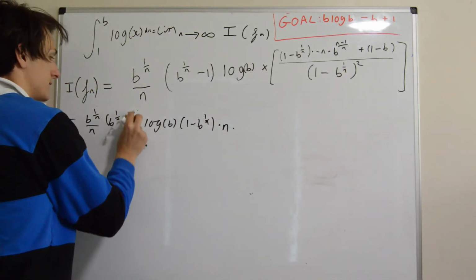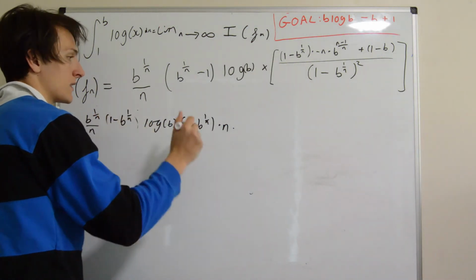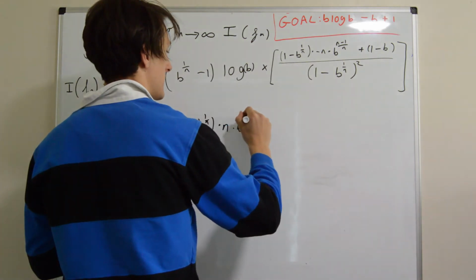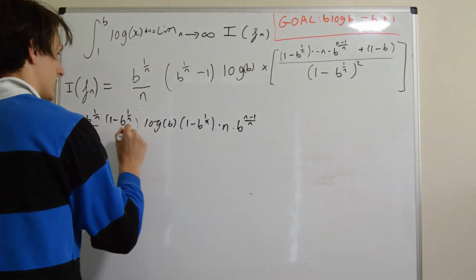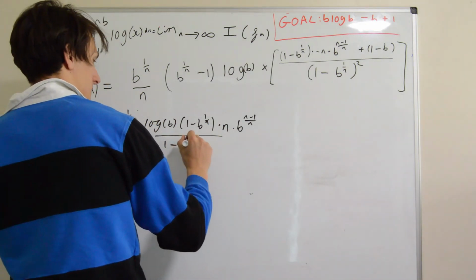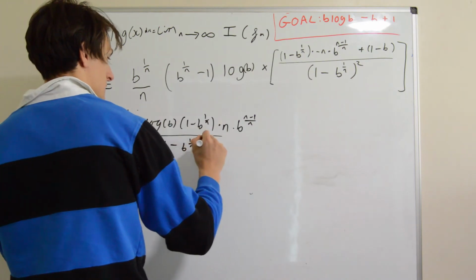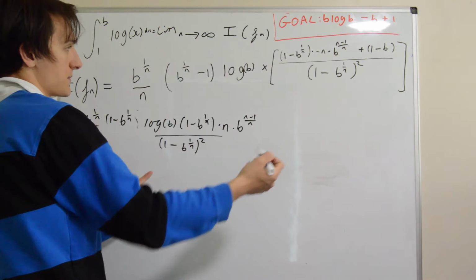So I have 1 minus nth root of b, times b to the n minus 1 over n, and then all divided by 1 minus b to the 1 over n squared. Right, now let's do the same thing with this part. Hopefully it's not as messy.